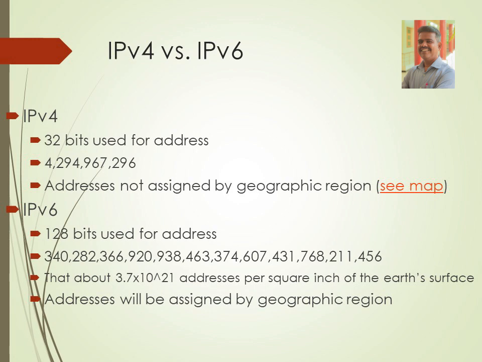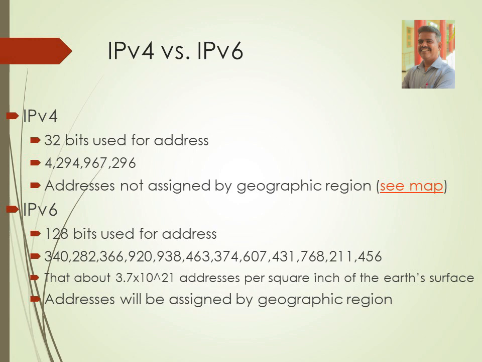In IP address version 6, encryption and authentication is provided. The header of IP address version 4 is 20 to 60 bytes. The header of IP address version 6 is fixed at 40 bytes.